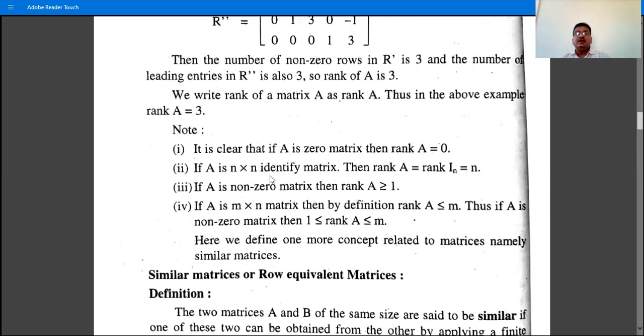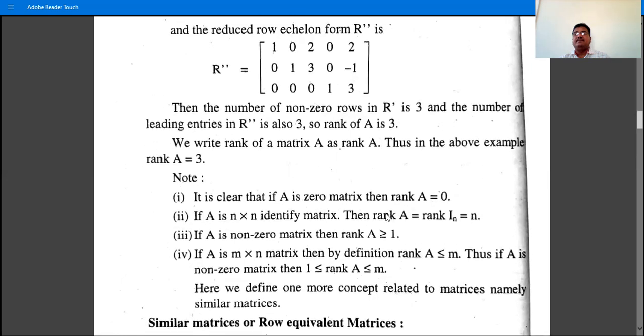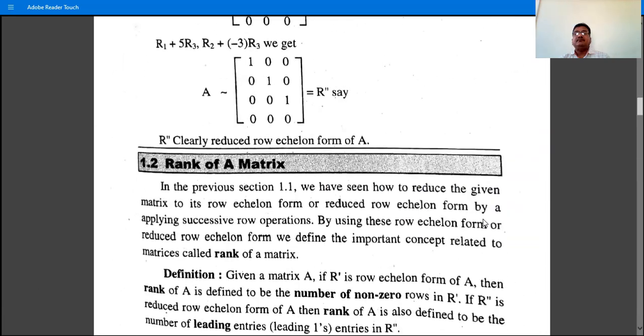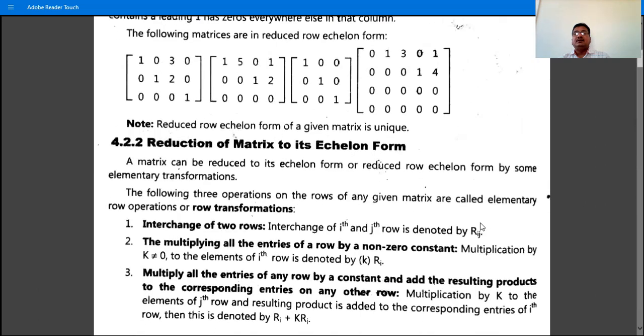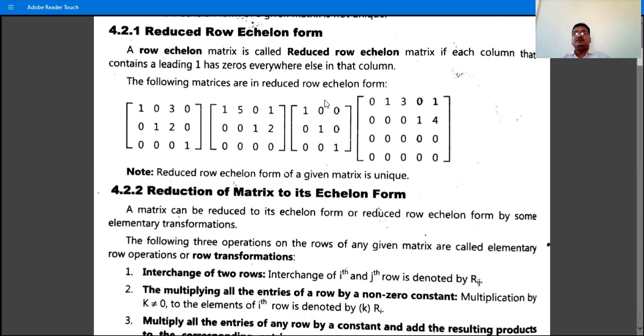If A is an n by n identity matrix, that is, suppose A is the matrix of order 3, then the rank of A is 3. So if A is the n by n identity matrix, then the rank of I_n is n. For example, this is the I3 identity matrix of order 3, which is in row echelon form as well as in reduced row echelon form.